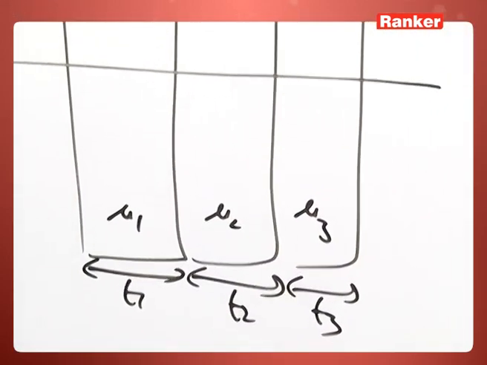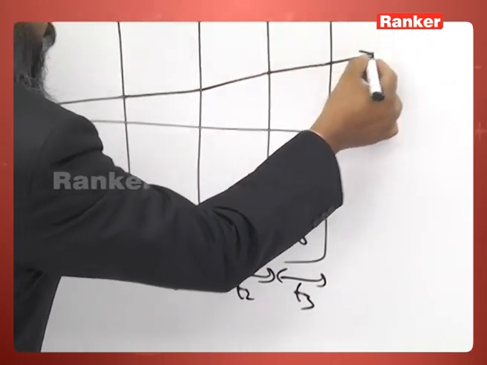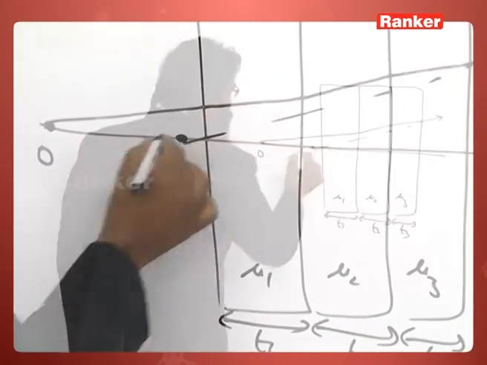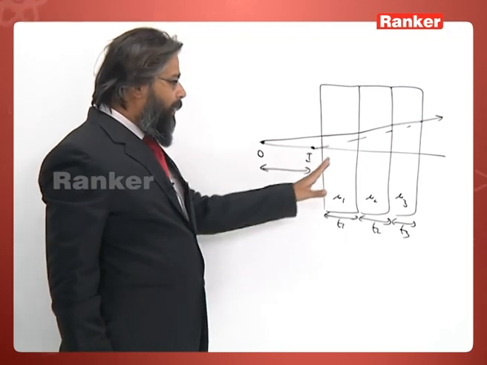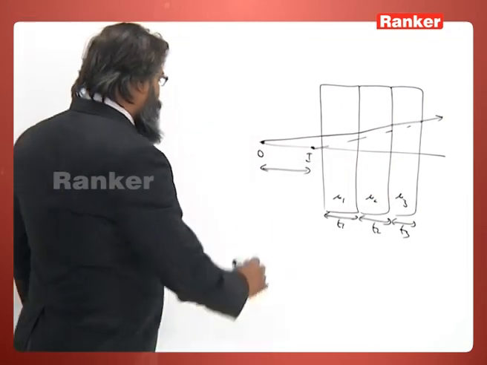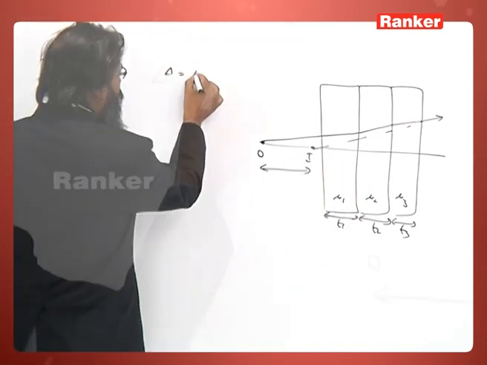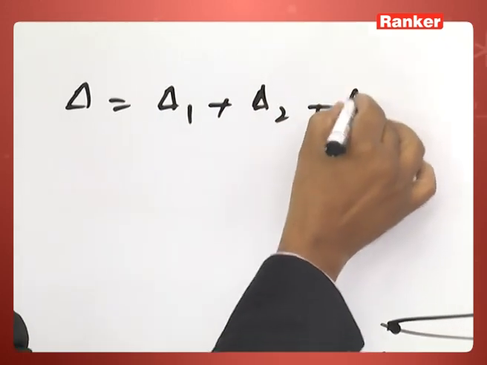So if this is an object, then by the final refraction we will find the image to be somewhere, and this is the net shift given by all these glass slabs. So the shifts will be simply added: delta will be equal to shift due to 1 plus delta 2 plus delta 3.